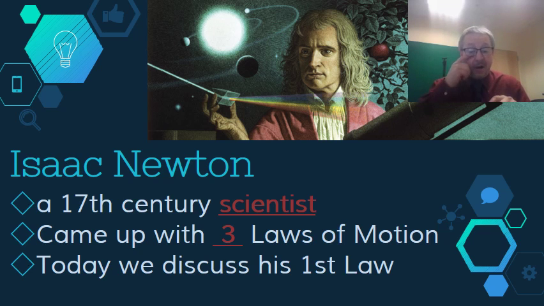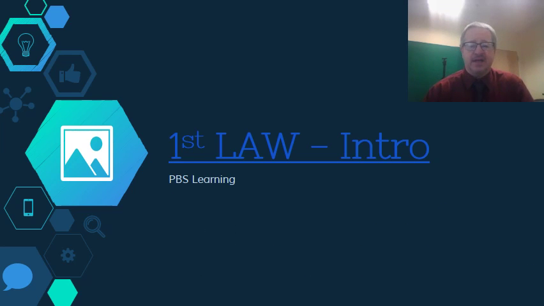And to this very day, we still use those three laws. They still make sense of what we observe happening naturally when we talk about motion. So we're going to talk about his first law today. So let's have a look-see.